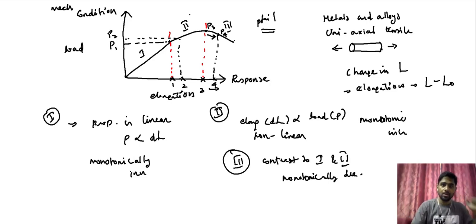So let me repeat, when we are able to identify specific behaviors, then it is possible for us to describe that specific behavior based on the mechanical condition that brings it about.